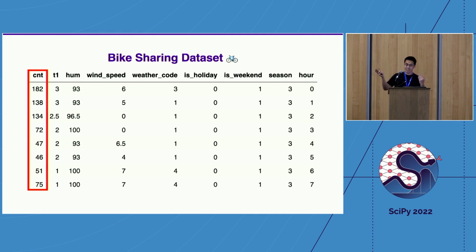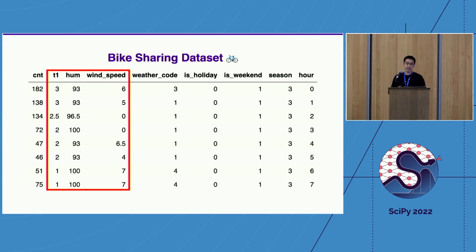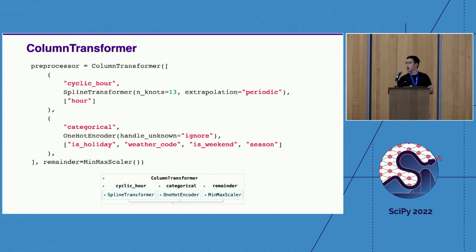It has the count, which is the target. It has categorical features like the weather code, its holiday, its weekend, the season, and also some continuous features such as the temperature, the humidity, and the wind speed. So this is a heterogeneous data set. So there's a mixture of categories and continuous features.